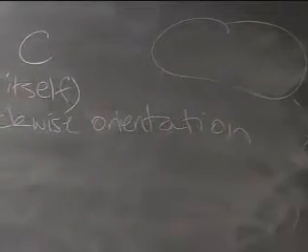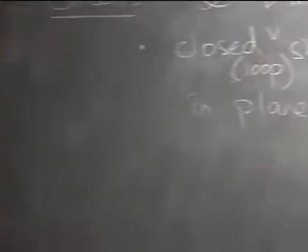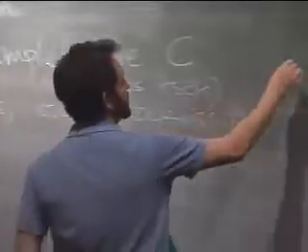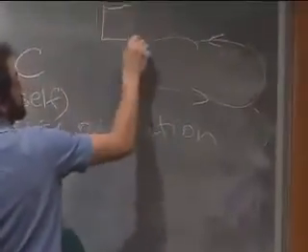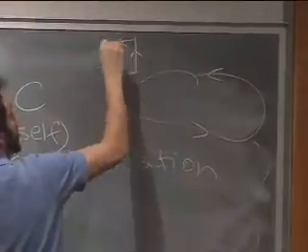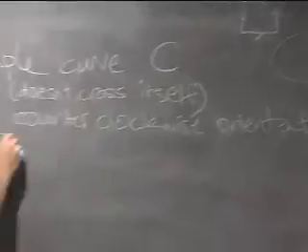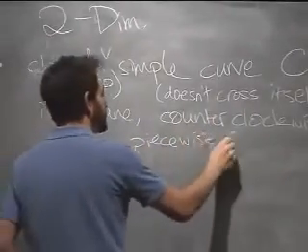Now, there are some technical issues about how smooth the curve is. Basically, it has to be smooth everywhere, except that it can be made up of pieces which are smooth. So you could have, for example, a square that has 4 pieces which are smooth, but the corners are not smooth. So technically, C should be piecewise smooth.